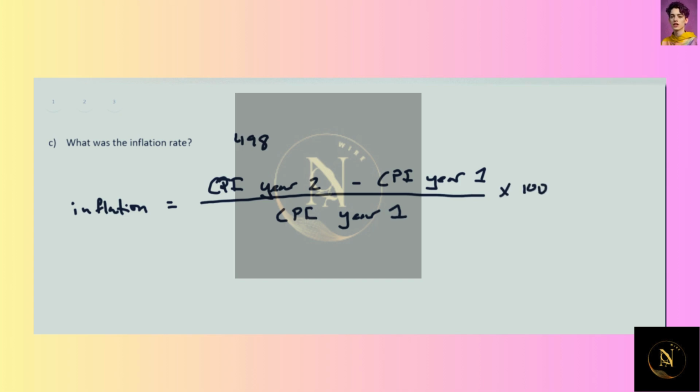And so plugging in the information from the previous part, part B, we get 130 minus 100 divided by 100 times 100, which is just 130 minus 100. And so inflation was 30%. So this was chapter 24, problem 2.